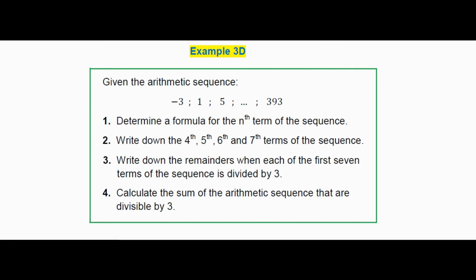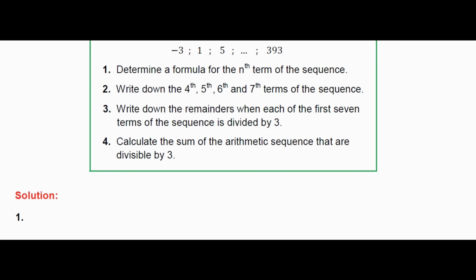So we need the values of A and D in order to find the general term. A is the first term, and that's negative 3. D is the common difference, and we can get it by taking term 2, which is 1, less term 1, which is negative 3. And this is 1 plus 3, which is 4.